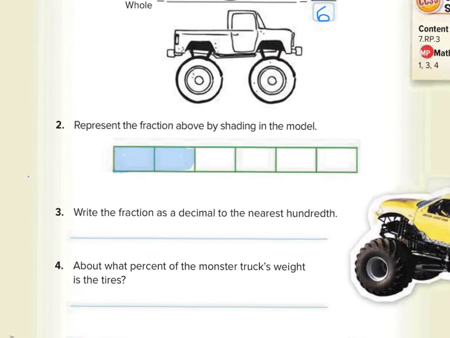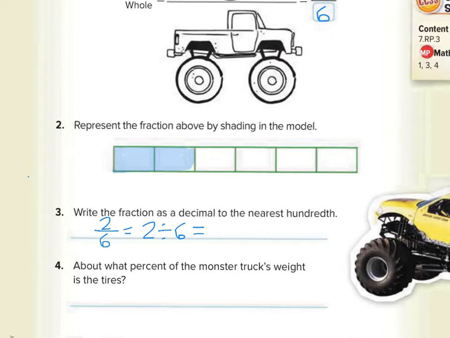Write the fraction as a decimal to the nearest hundredth. Now, a lot of people have trouble changing fractions into decimals, but a fraction is a division problem waiting to happen. So our fraction 2 over 6 means take 2 and divide it by 6, and you can use a calculator to do that if you want.